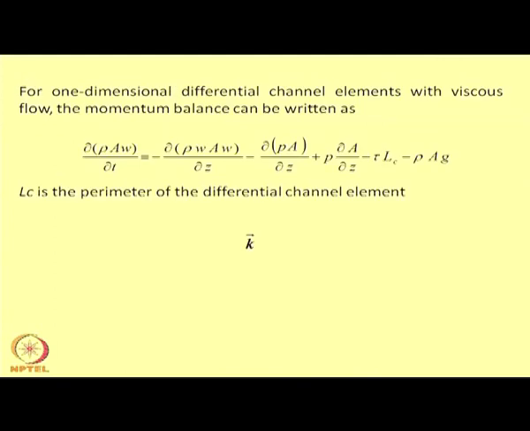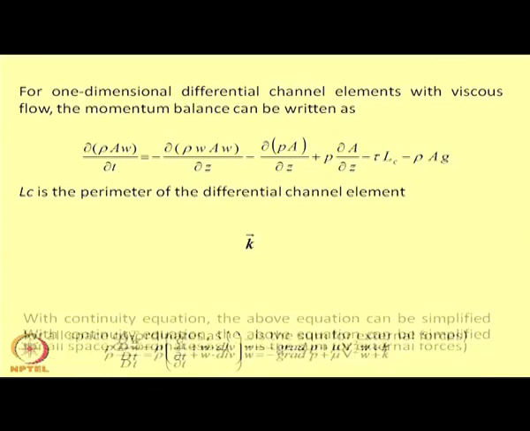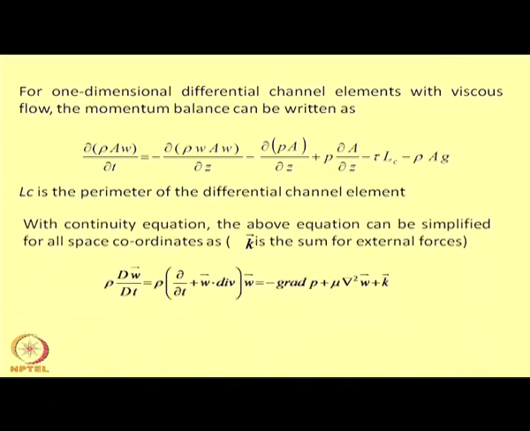So, for one dimensional, if we take just a one dimensional differential channel element with viscous flow, the momentum balance is simply a balance between momentum in, the change in pressure in the flow direction, the change in area in the flow direction, and the effect of pressure. So, the pressure between 2 points can be different, and not only that, the area at the 2 points could be different.